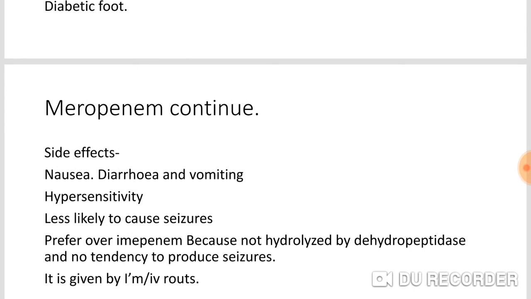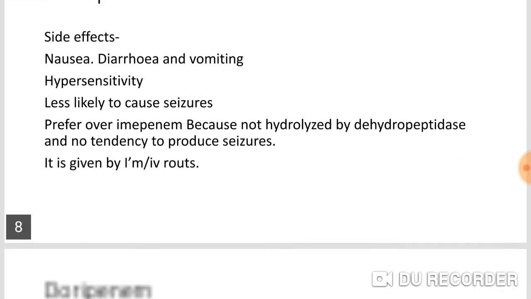So this is important: it is less likely to cause seizure. That's why it is preferred over imipenem. We don't need the combination with cilastatin, because it is not hydrolyzed by dehydropeptidase enzyme, and it is given by intramuscular and IV route.